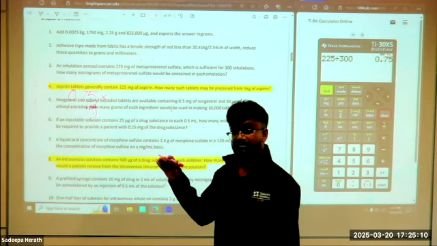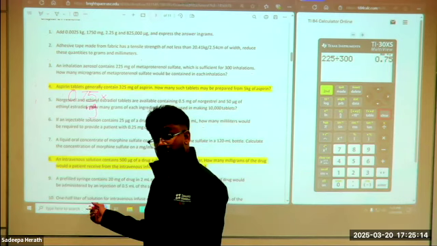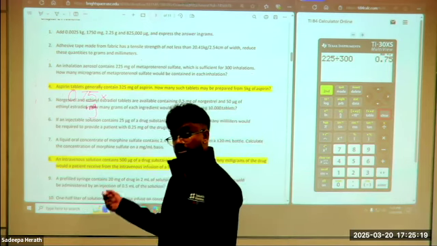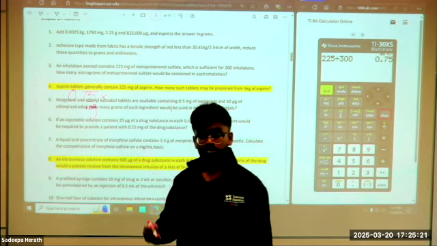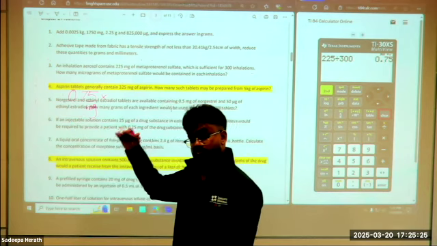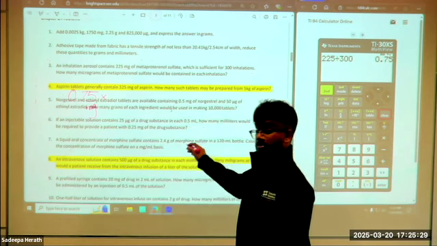Micrograms, 10 to the negative 6. There are 1,000 micrograms per milligram, and therefore 1,000,000 micrograms per gram. It's 1,000 to milligram and then another 1,000 to gram. 1,000 times 1,000 is 1,000,000.